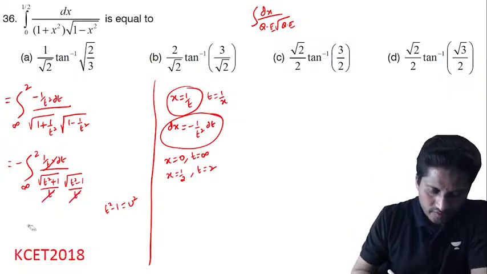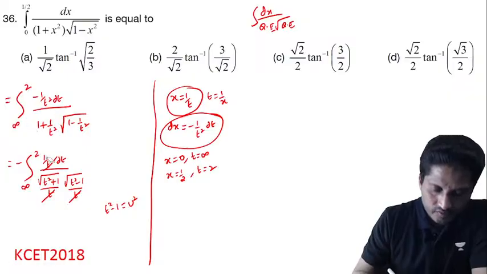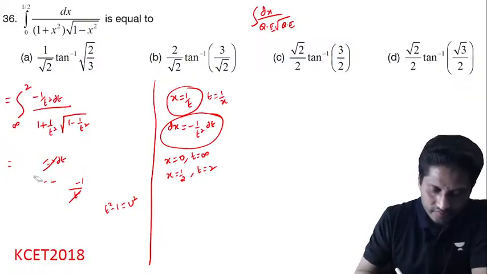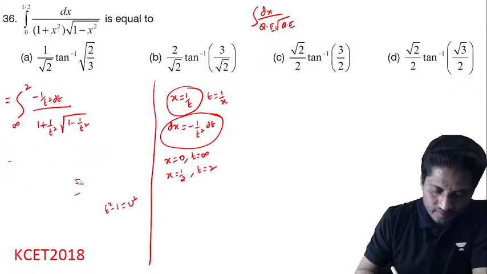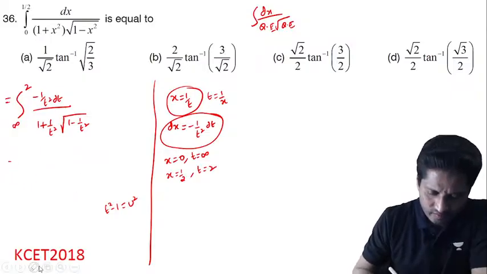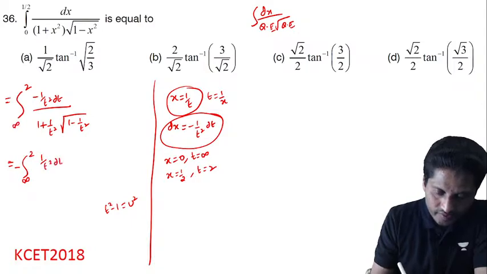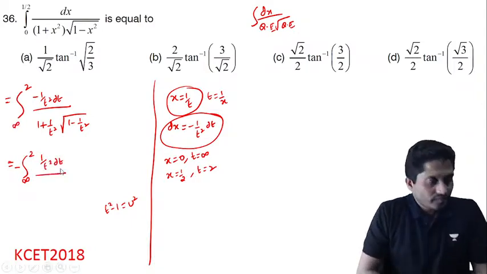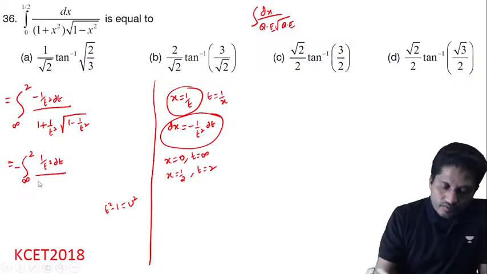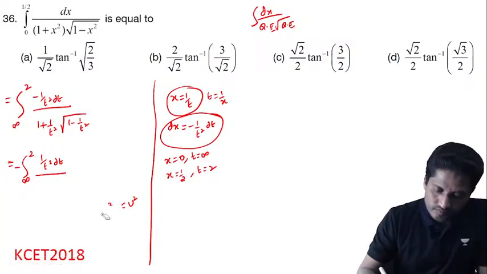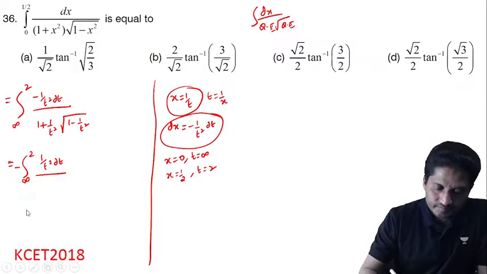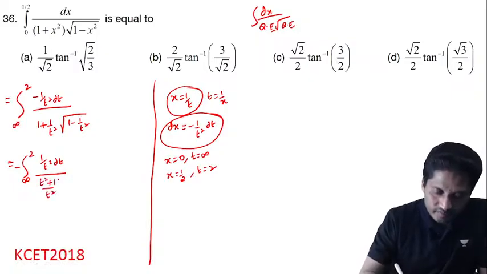Listen. Integration of minus infinity to 2, 1 by t square into dt divided by t square plus 1 divided by t square.